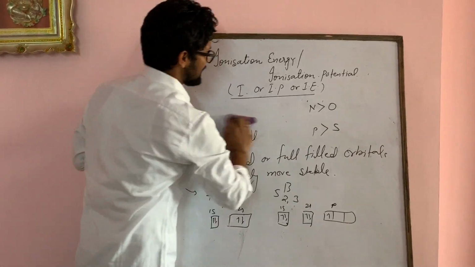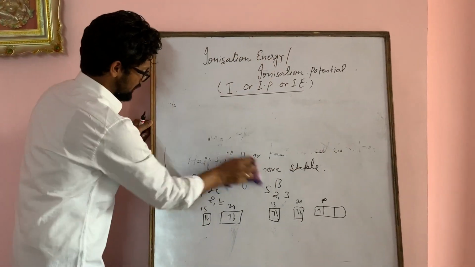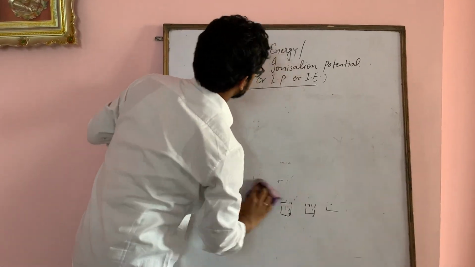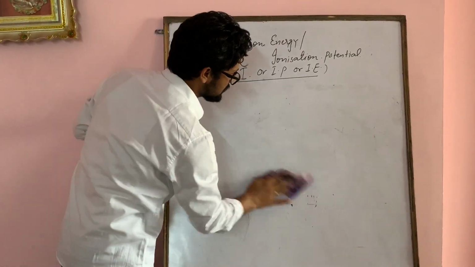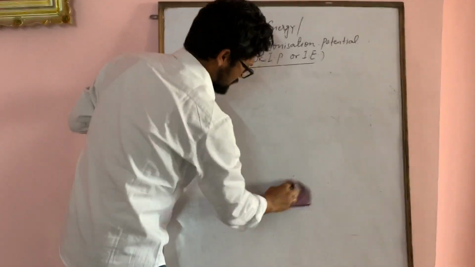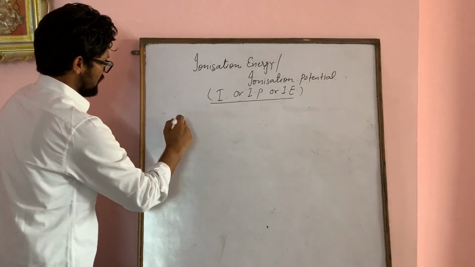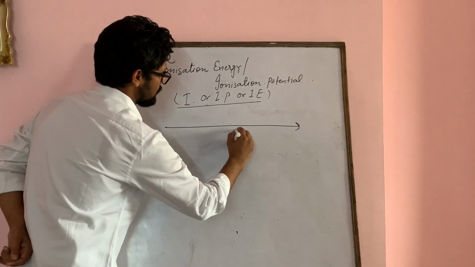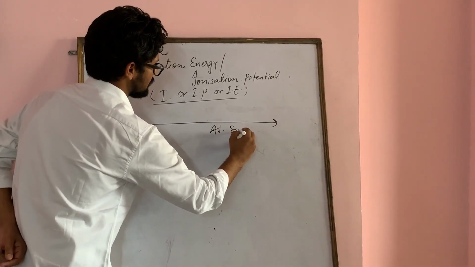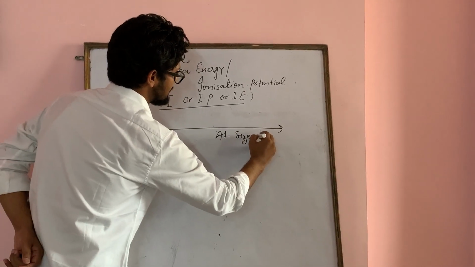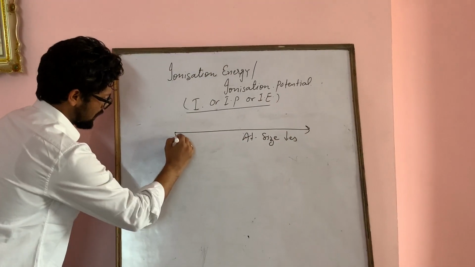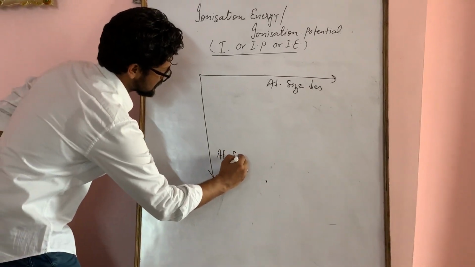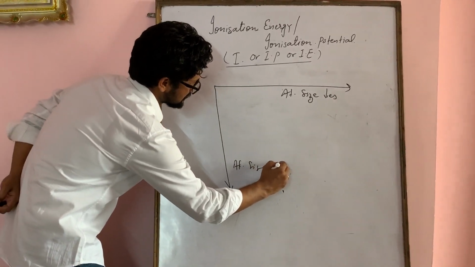Now we will see the last topic. What are the periodic trends for ionization potential? As we saw in the previous section, when we go across a period, atomic size decreases, and when we go down a group, atomic size increases.